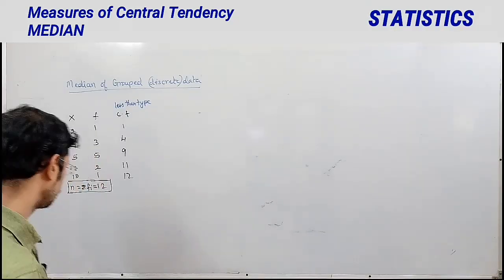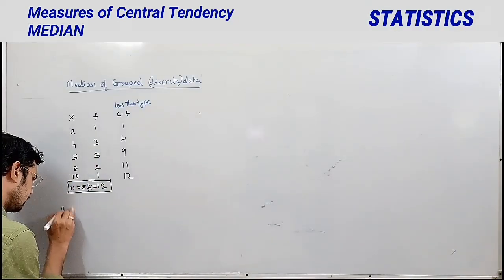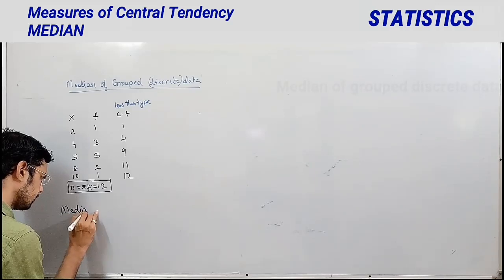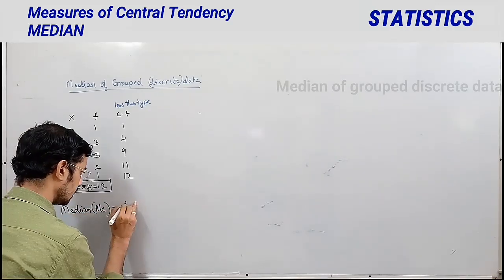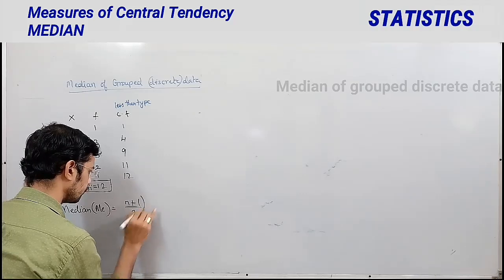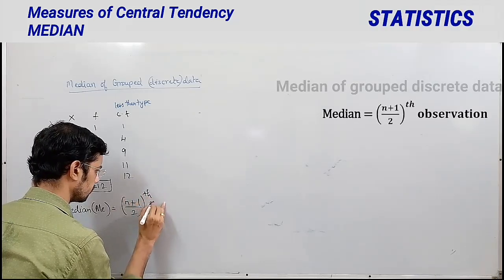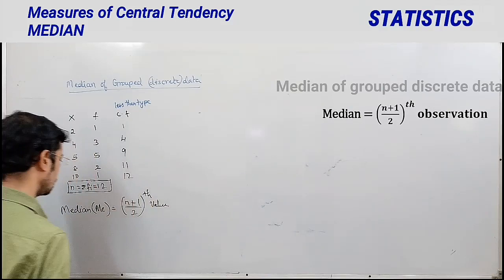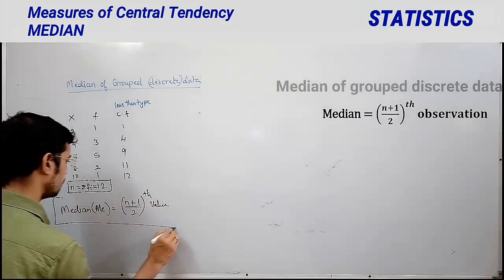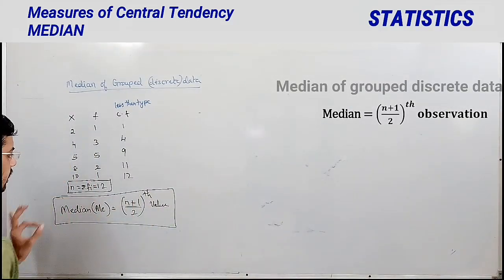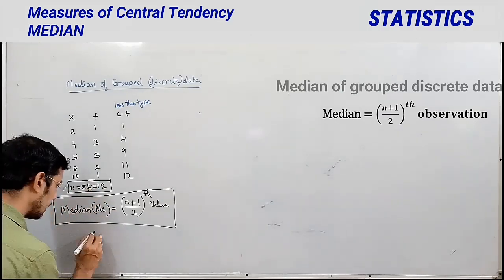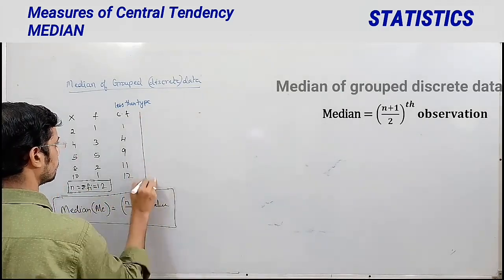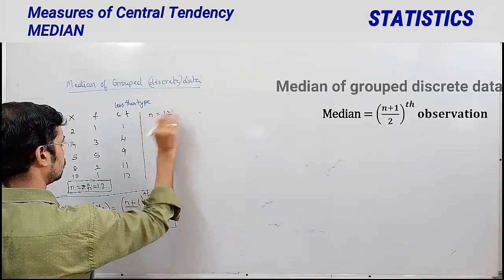Now the formula to find the median is: median will be equal to the n plus 1 by 2th value. So this is the formula to find the median. Now let us find this. n is equal to 12 here.